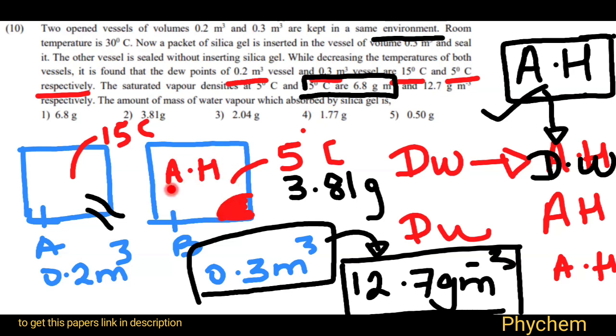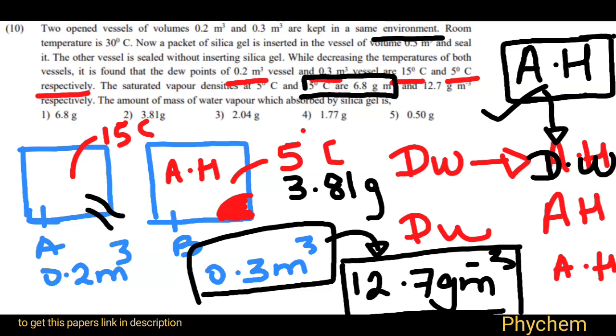You can conclude the leftover water vapor by using the currently available absolute humidity. So after putting silica gel, the absolute humidity will become 6.8 gram. You may think that 5 degrees Celsius is only the saturated vapor density. I repeat, at the dew point, the saturated vapor density will be equal to the initial absolute humidity. Okay.